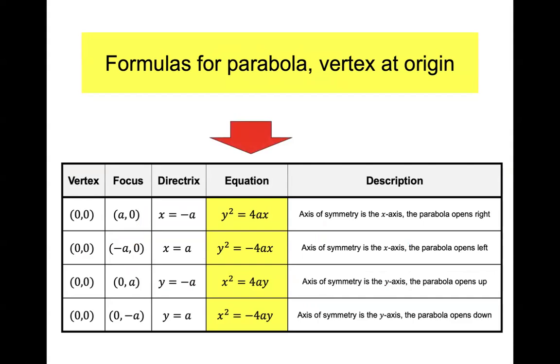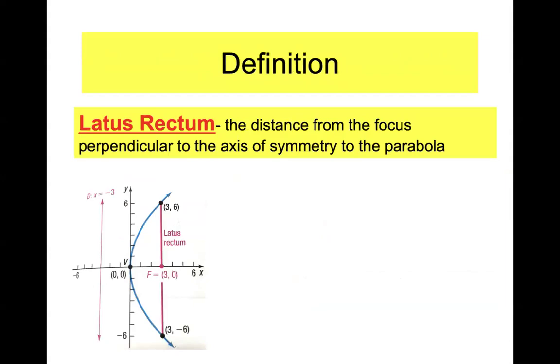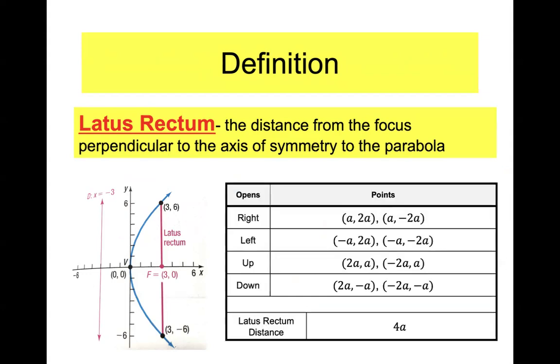Okay, cool. So those are the usable formulas. That was your homework. And then finally, we talked about the latus rectum. That's the distance perpendicular through the focus to the parabola, and we got a formula right here. So those were our latus rectum points, and the entire distance of the latus rectum was 4a.